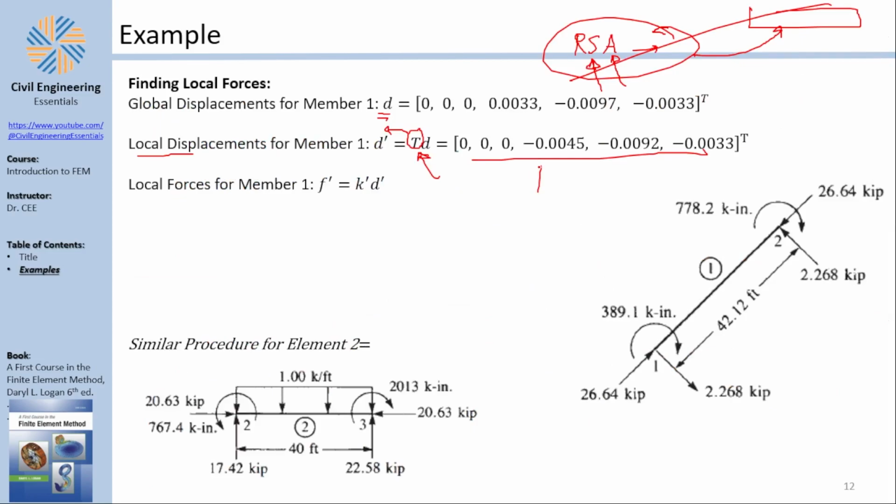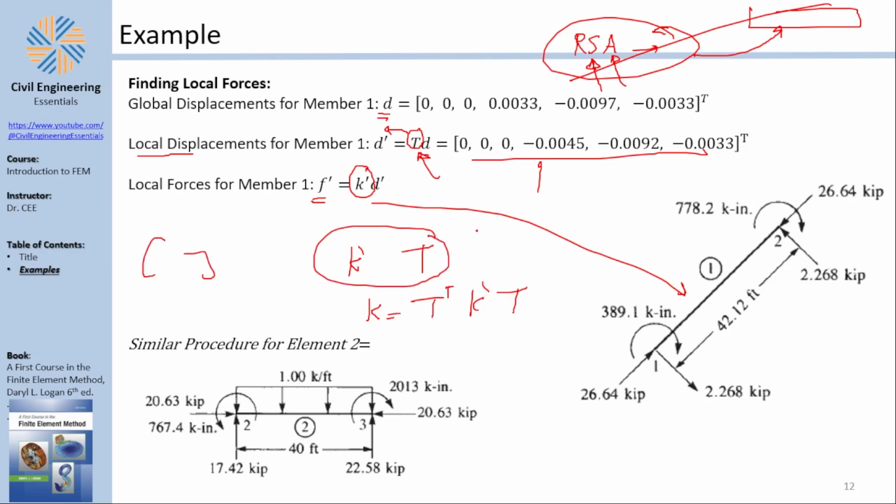Since we have our local displacements, I can multiply by the local stiffness matrix to find the local forces, which are shown here. Notice how beneficial it is to find the local stiffness matrix and the transformation matrix and find the global stiffness matrix from this equation rather than using the abomination of the big matrix, because you can reuse those elements in your local calculations and post-processing.